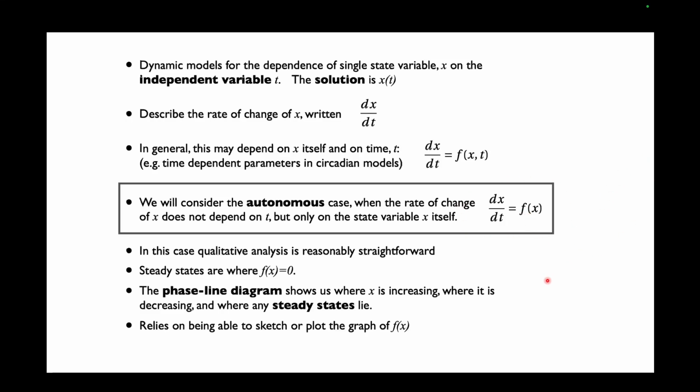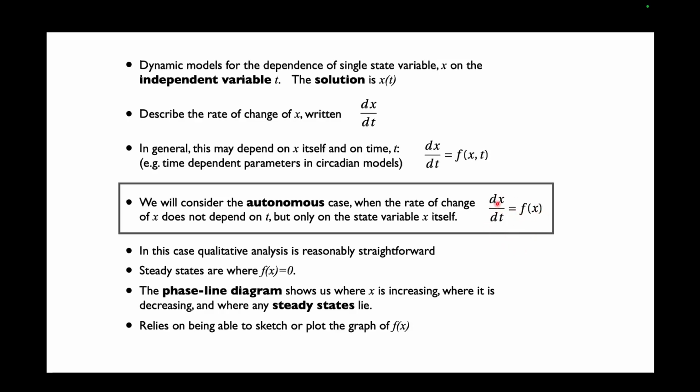Here, your f(x) is just the function that is describing dx/dt. It's not a function describing x and t. It is a relationship between dx/dt and x, not a relationship between x and t. And just to be clear, this can be t as well.